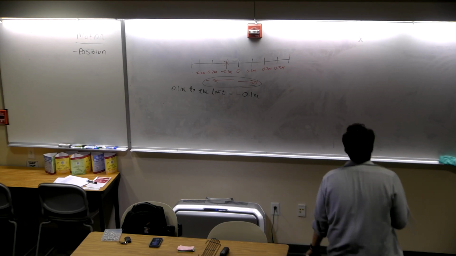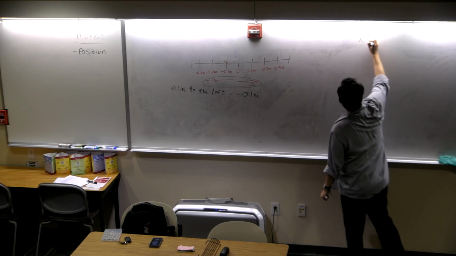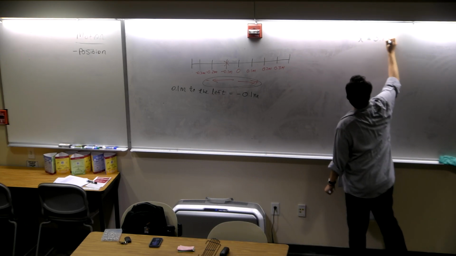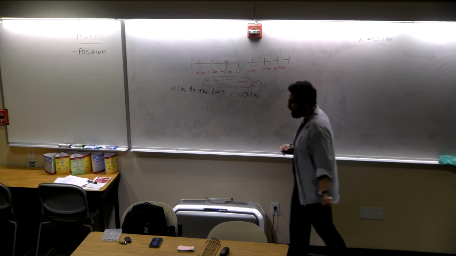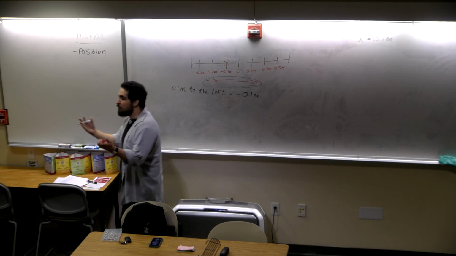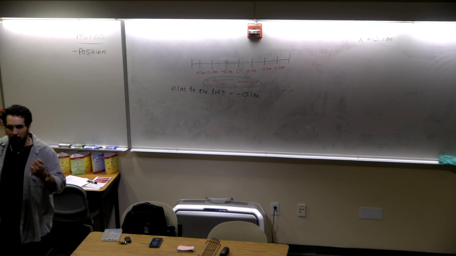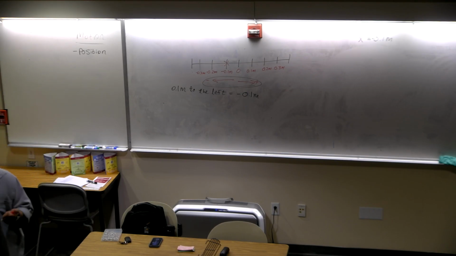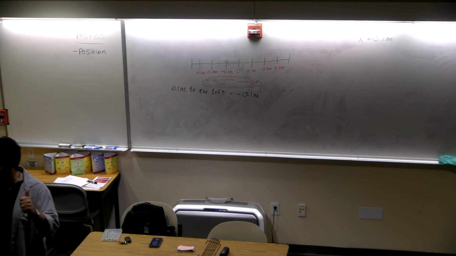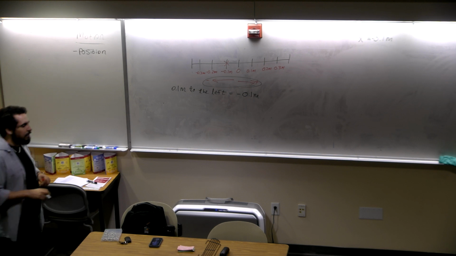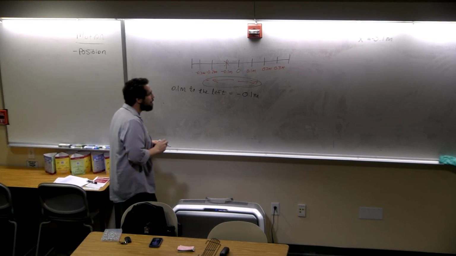So I might say the object has a positional location 0.1 meters to the left, negative 0.1 meters. So that's how we would write that. Does that sound relatively all right? Any thoughts about that? We're good? All right. If you guys have any questions, be sure to stop me.